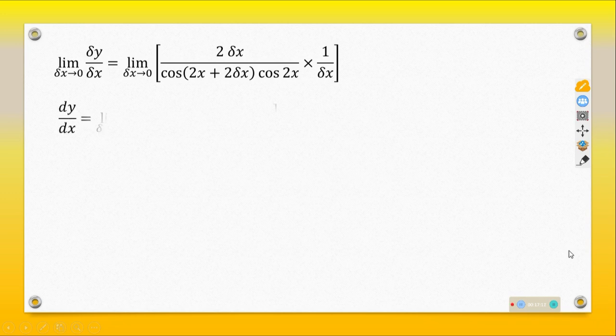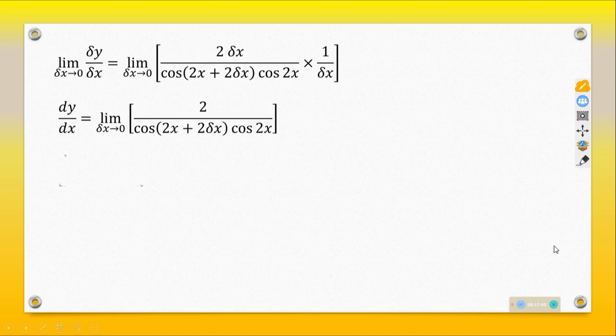As we said, the limit of this is dy dx, so delta x will cancel out, giving us 1, and we remain with this same expression. Since delta x is becoming smaller, 2 delta x will go to 0, and we remain with cos 2x times cos of 2x.